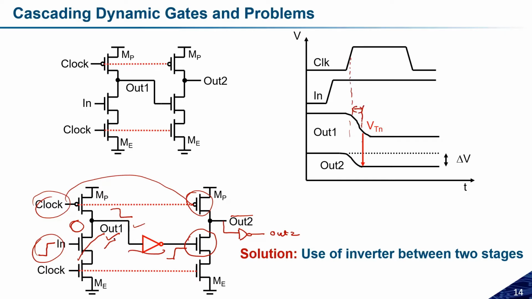So this will match the delay. Let me repeat it again. Suppose both are 0 and both will be pre-charged, and if the input is changing from low to high, and I have changed this clock to 1, and this clock is also changed to 1, what will happen? This output will start changing from high to low. But because there is a delay between input and output, for some instant of time this output was logic high, so this will start changing immediately, because we have changed the clock immediately for both the dynamic logic circuits.